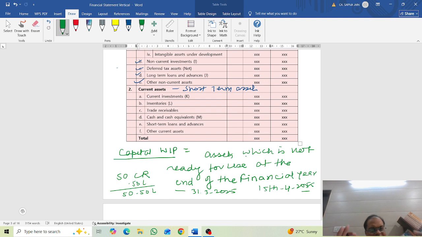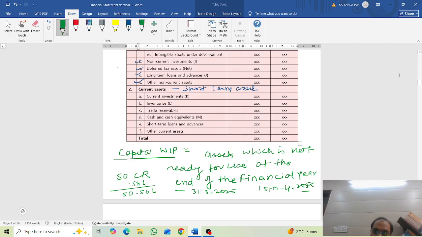If any of the fixed assets, अगर बेटा वो 31 मार्च को या जिस दिन हम बैलेंस शीट बना रहे हैं उस दिन को वो यूज करने के लायक नहीं है, we cannot use such assets due to any reason, due to the pendency of trial run, due to the pendency of installation, then such an asset is treated as capital WIP.